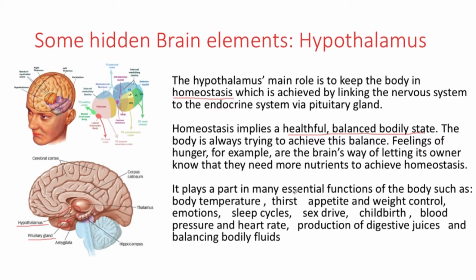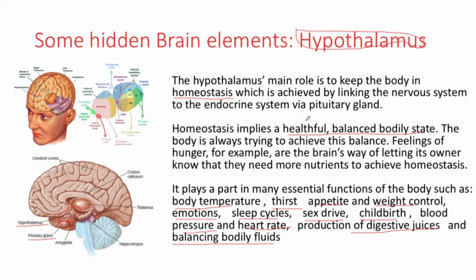So it's the part where many essential functions of the body are controlled, such as body temperature, thirst, appetite, weight control, emotions, sleep cycles, sex drive, childbirth, BP, heart rate, production of digestive juices, and the balancing of body fluids. These are all the roles of the hypothalamus. So it has a very important role to play.